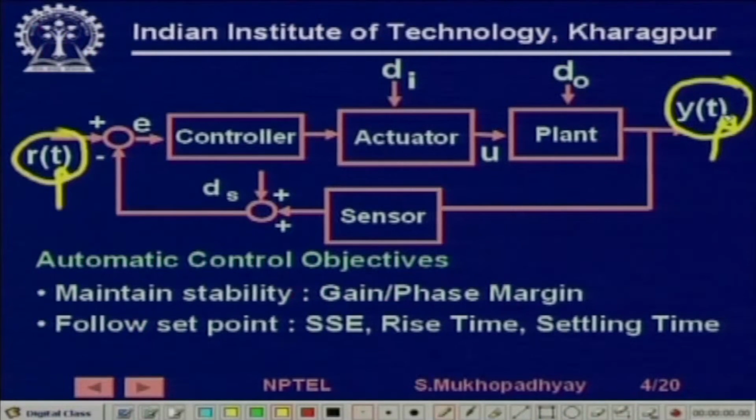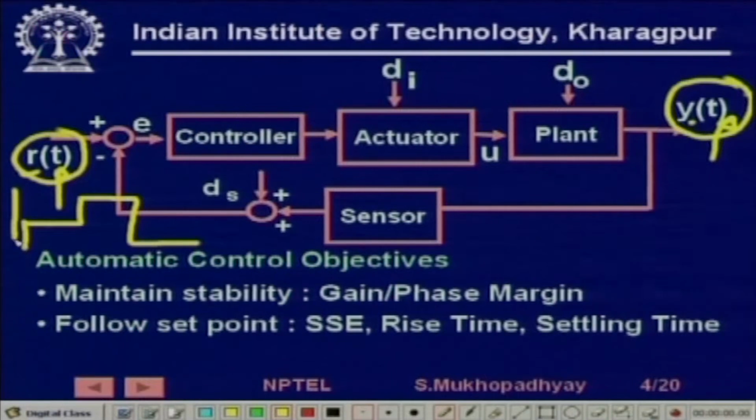So, we would like this function of time to resemble the set point as closely as possible. How do we express this closeness? We express it typically in terms of step functions, as set points very often are step functions of time, that is, they change over time like this.